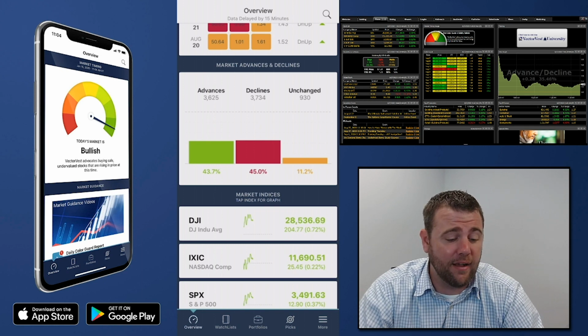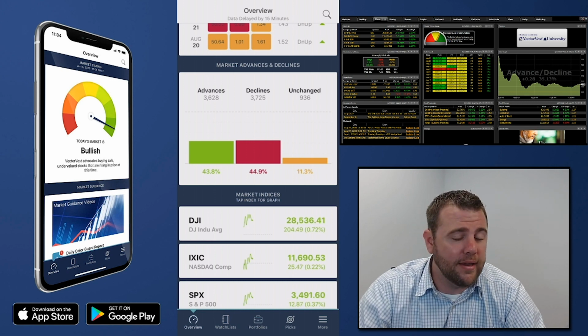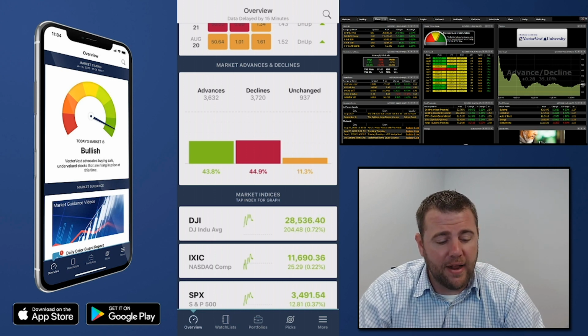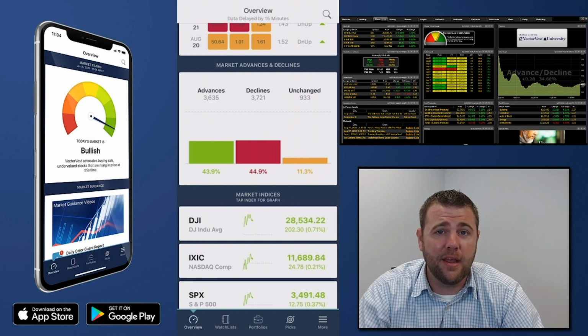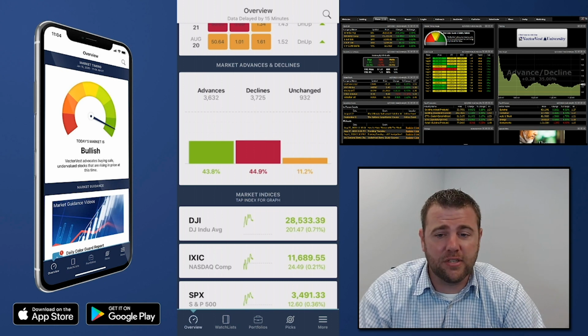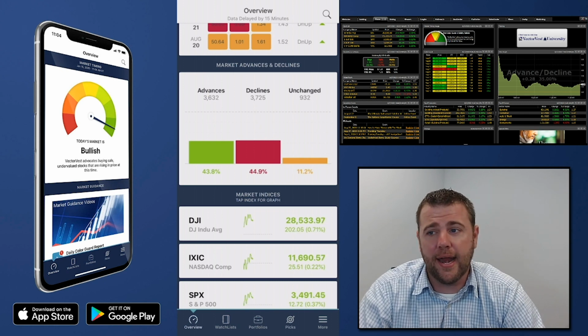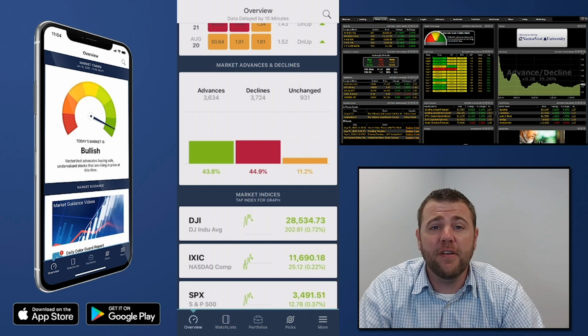Either twice as many stocks advancing than declining on an up day, or twice as many stocks declining than advancing on a down day. Yeah, we have a green light, but the advances to declines are 1-to-1, telling us that if we bought a stock today, the chances of it going up are the same chances as flipping a coin and choosing heads and getting heads on the first try. It's 50-50.